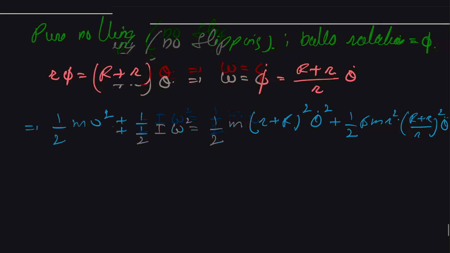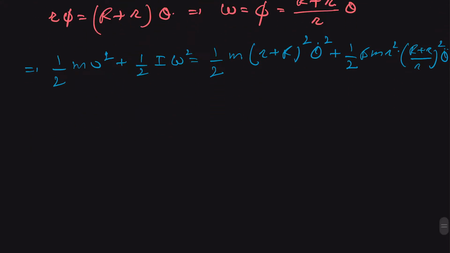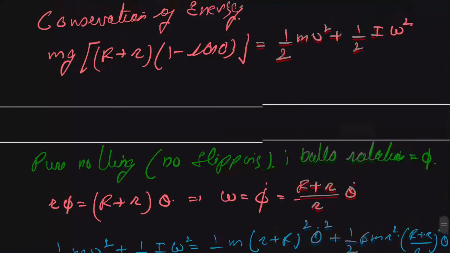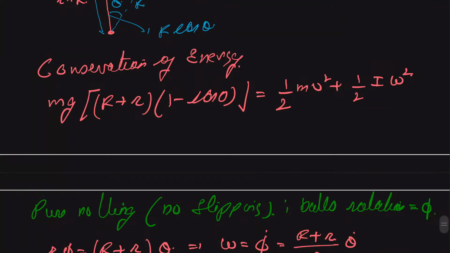And from here we can take the common terms, and we get this as 1 by 2 m (R + r) whole square theta first derivative square times (1 + beta). And this will be equal to our conservation of energy, that is our left hand side.